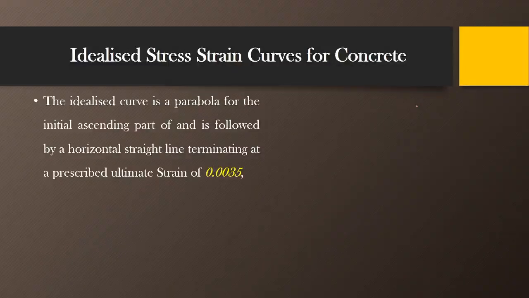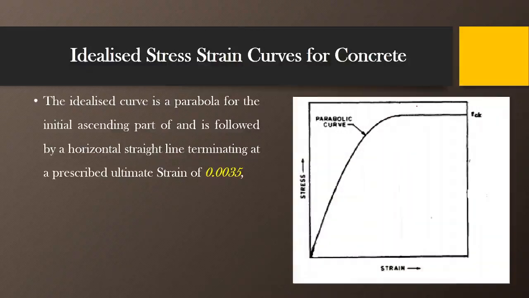So as discussed in last slide, the idealized curve is a parabola for the initial ascending part, that is from this point to this point.